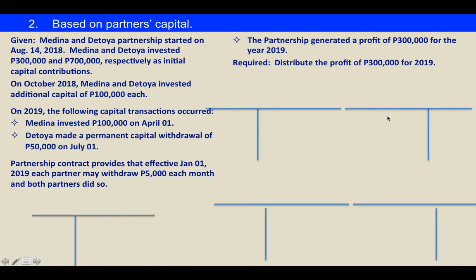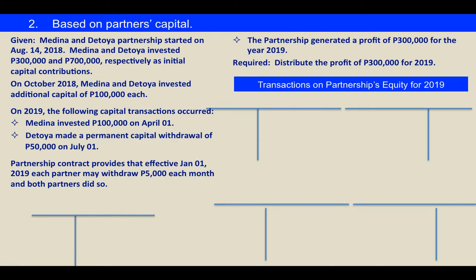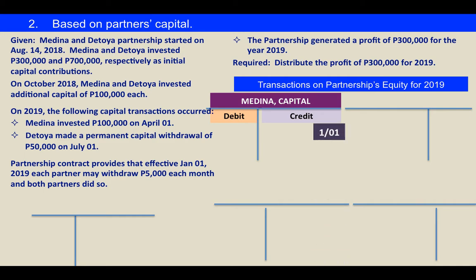Okay, class? First, let us perform an analysis of the given data. Okay? And let us use the T account in performing the analysis. So we are going to structure the partnership equity for 2019 for Medina and De Toya with respect to their capital and drawing.